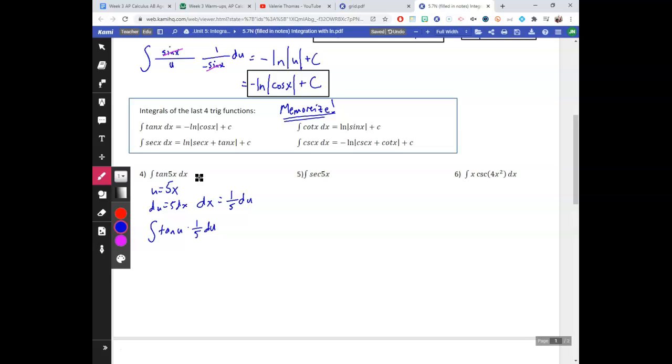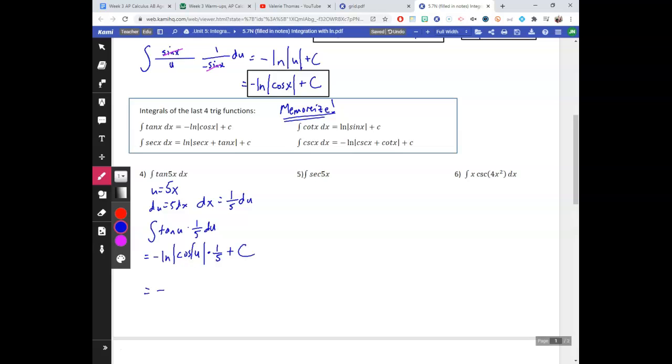And so we're going to use the formula we actually just found. So it's negative natural log of the absolute value of cosine of u, times 1/5, plus c. I could have put the 1/5 at the beginning. Maybe I will in this next line.